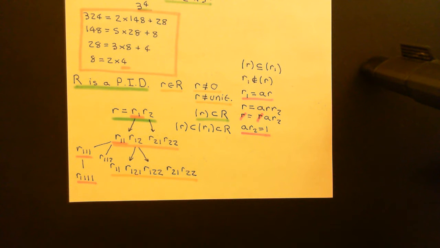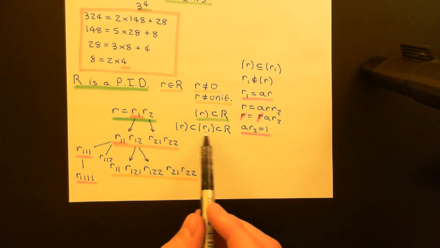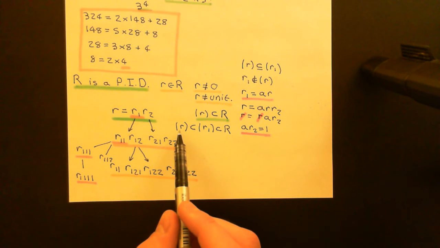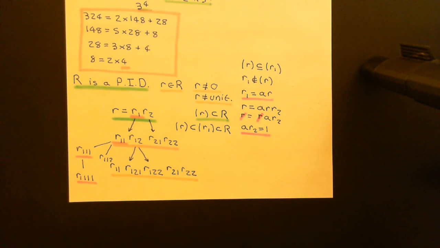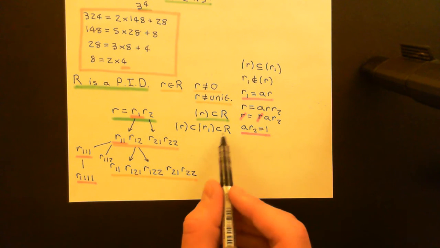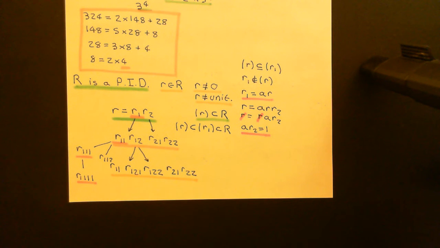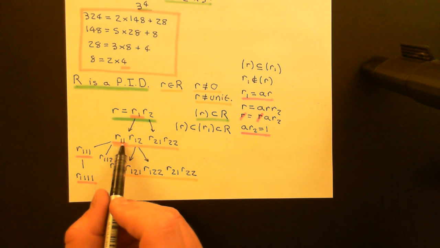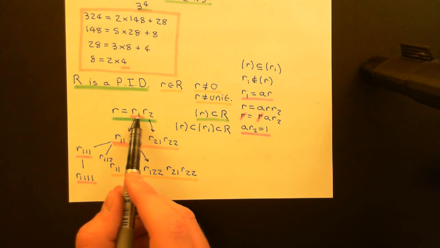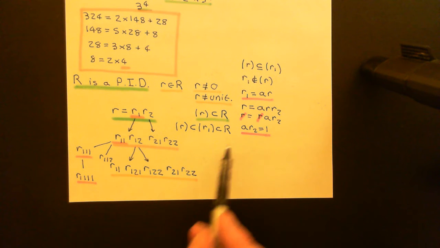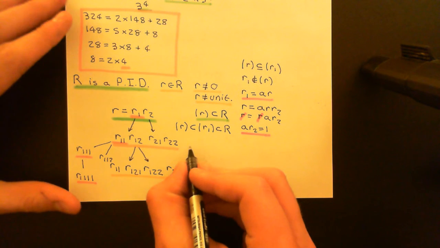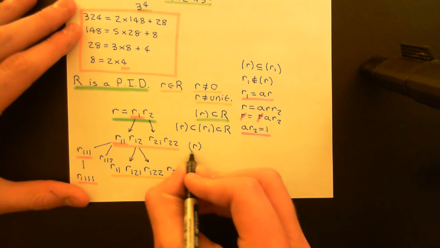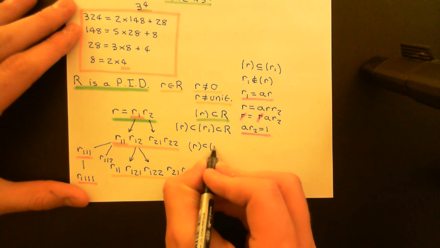Okay, now the exact same argument as we've just applied to show that the principal ideal generated by R1 must be properly in between the principal ideal generated by R and the principal ideal generated by 1, the unit ideal here, would apply to R11 with respect to the principal ideal generated by R1 and the entire ring capital R. So what I actually claim is that you can then argue the same thing for R1.